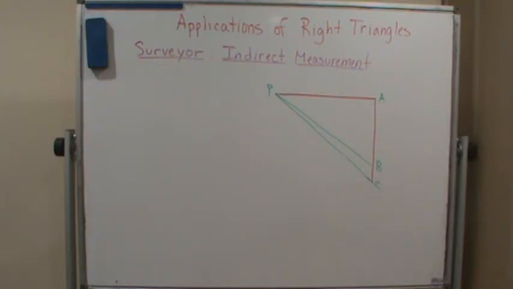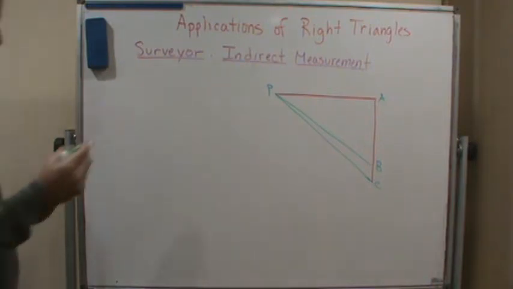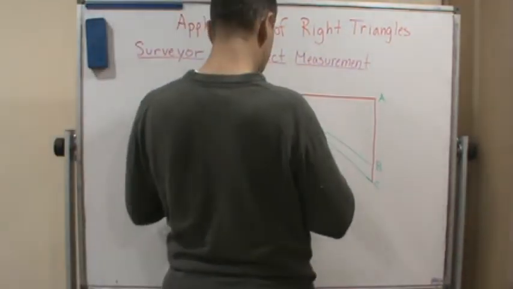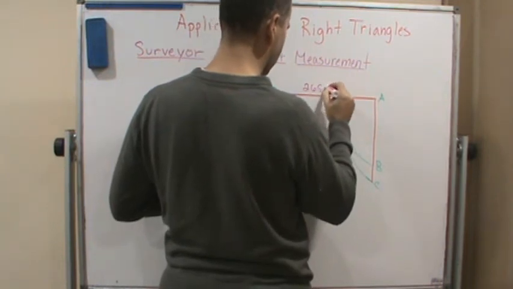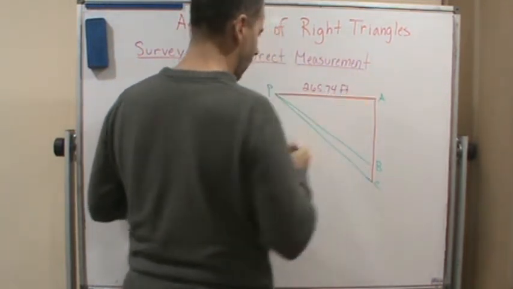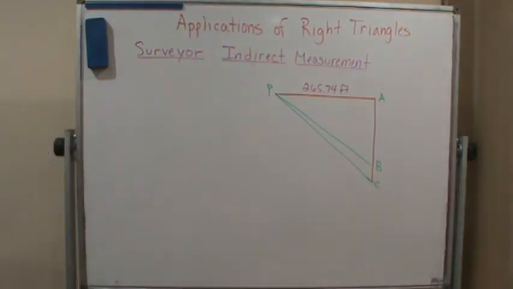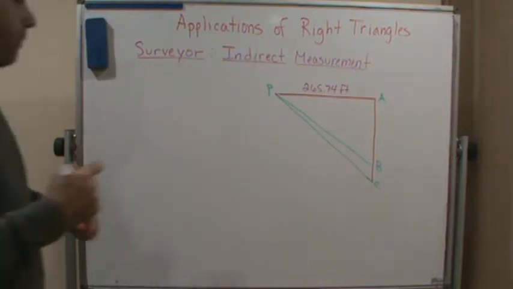Now here's some information they give us. We're told that the distance from point P to point A is 265.74 feet. And the two angles are given.